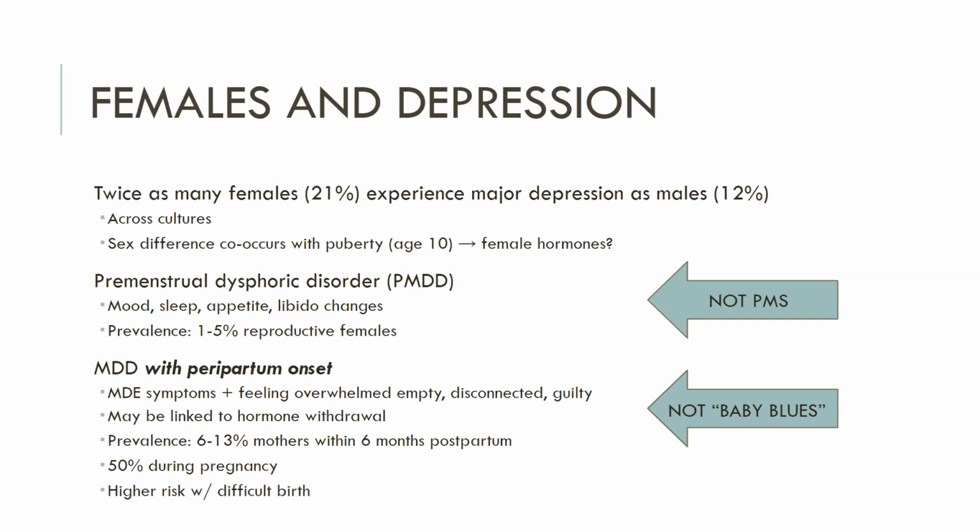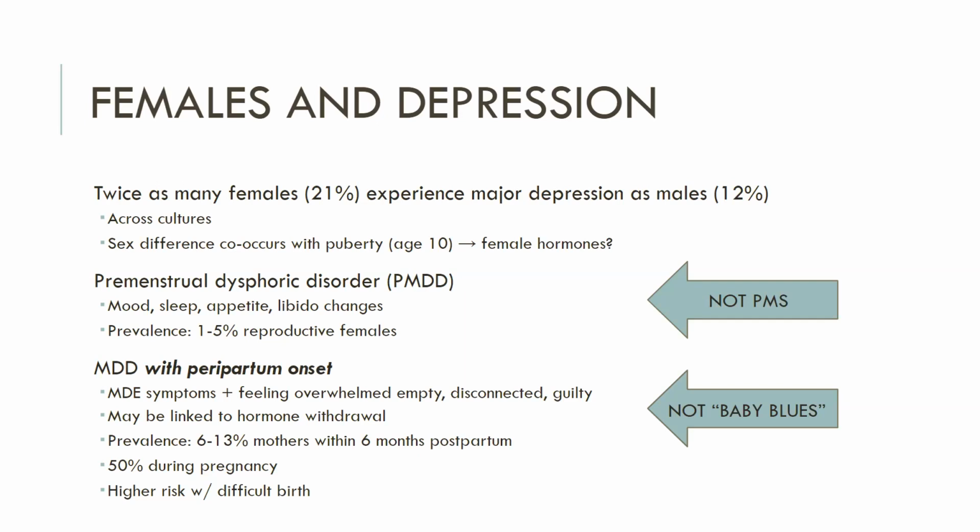Another diagnosis that we'll see, not exclusively, but predominantly impacting females, is major depressive disorder with a peripartum onset. So peripartum onset is an additional specifier that we could add to a major depressive disorder diagnosis. What this means is that a person is experiencing a major depressive episode relating to birth.